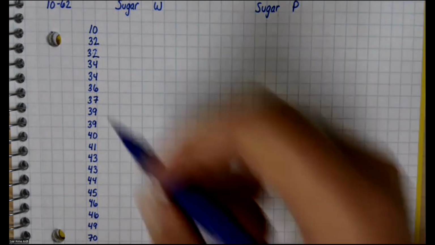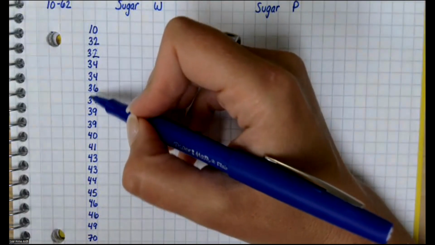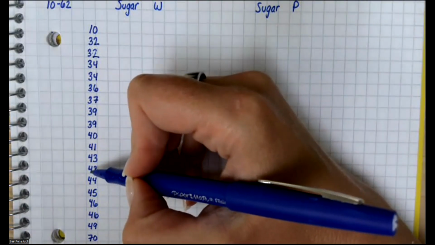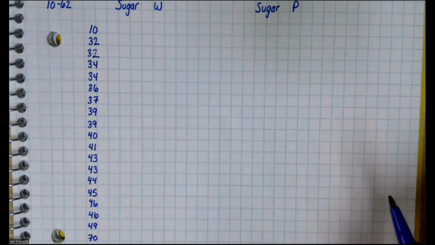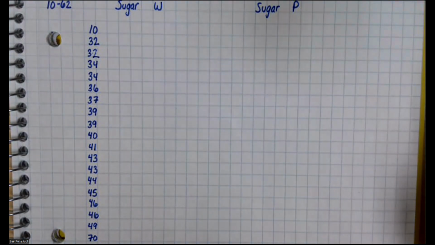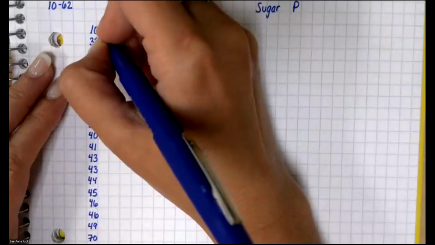Okay. All right. Step one, list your numbers in a column. What's step two? Subtract the mean. What is the mean of this data set? 40.